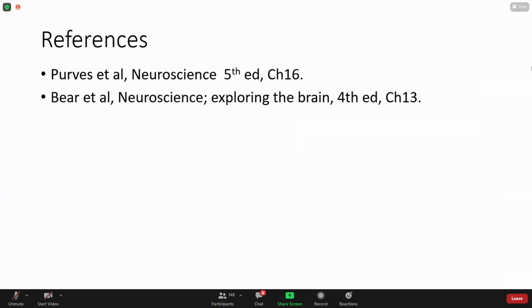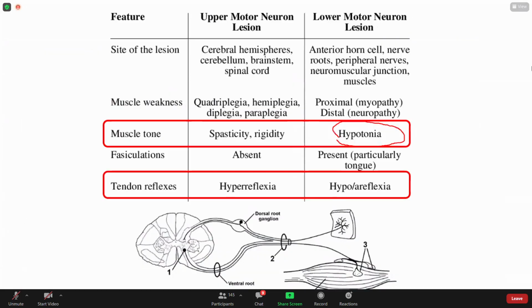Yes, so with the upper motor neuron lesions, we usually say that there is no involvement of the upper motor neurons in regulating local circuits. But there is some involvement, which is mainly to inhibit unwanted movement.